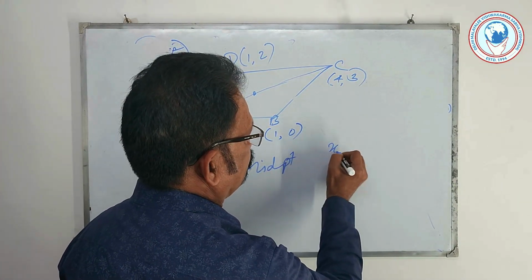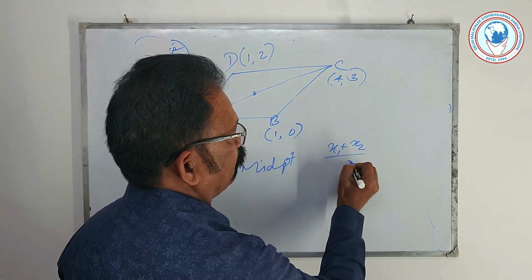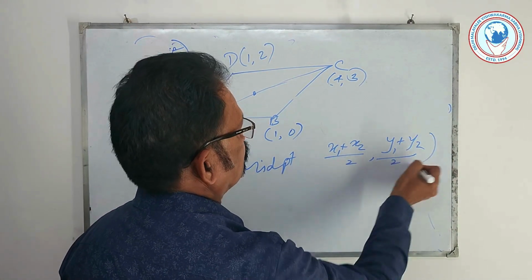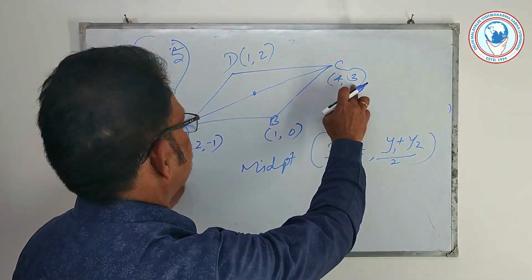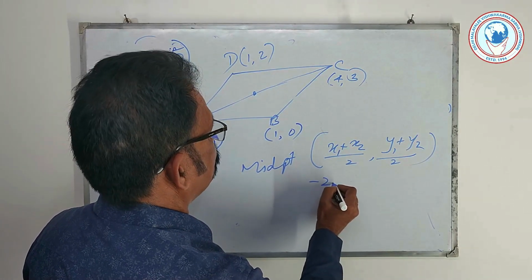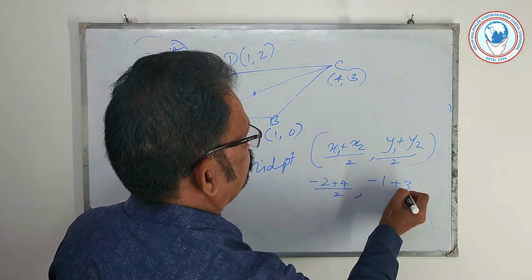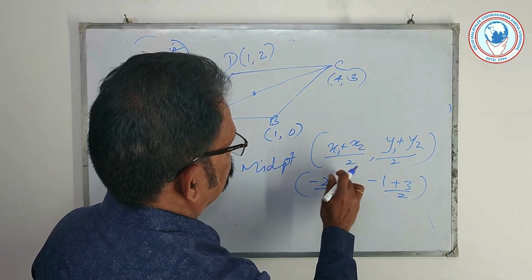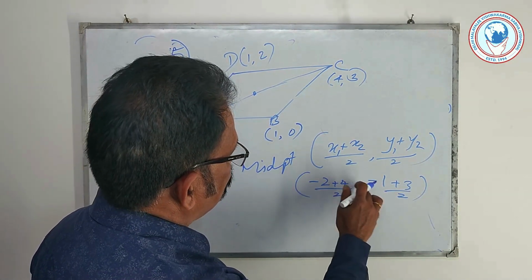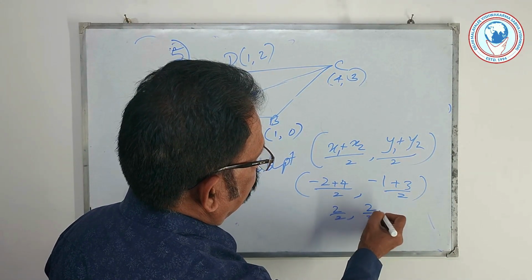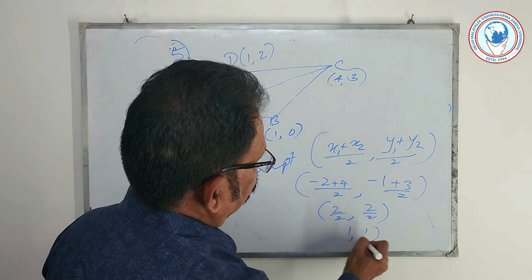Midpoint formula is (x1 plus x2) by 2, (y1 plus y2) by 2. This is x1, y1, this is x2, y2. So (-2 plus 4) divided by 2, (-1 plus 3) divided by 2. So -2 plus 4 is 2, 2 by 2. This is also 2 by 2. That is (1, 1).